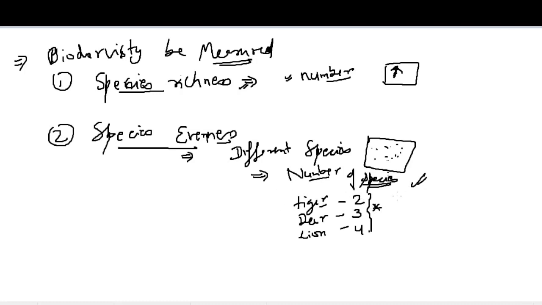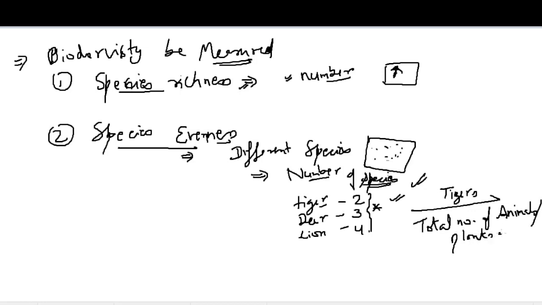So how is this evenness measured? Evenness is measured by the number of animals of a particular species. Like if I take the number of tigers, the total number of tigers upon the total number of animals or plants of all species.